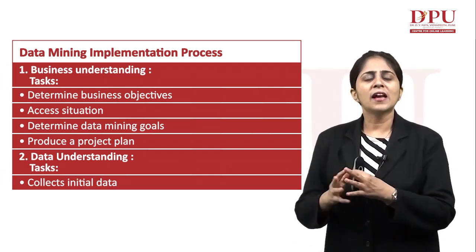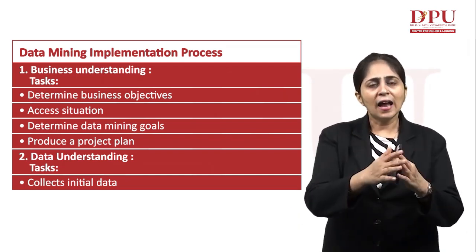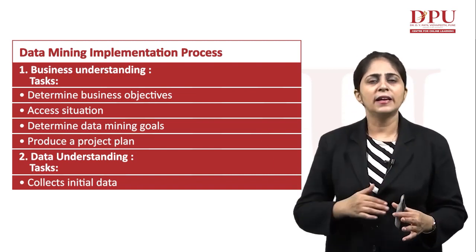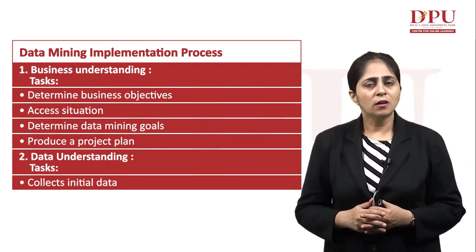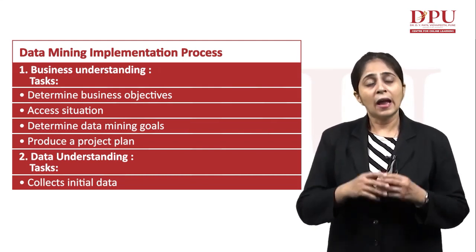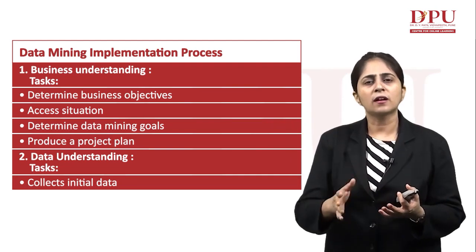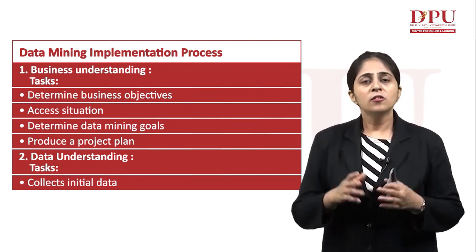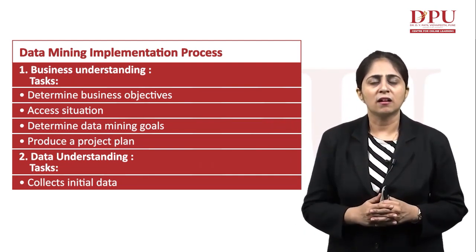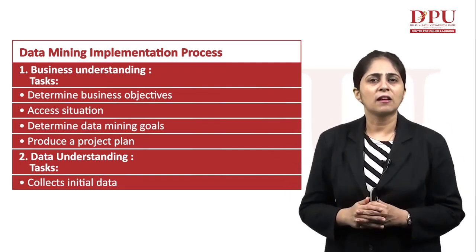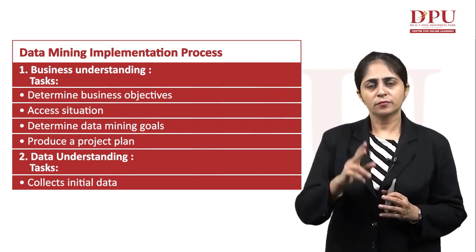So that will serve as initial data. We need to collect all the data related to one particular customer. And this has to be done not only for one customer, but for all the customers that come to the store. So collecting that initial data is the very first task of data understanding.